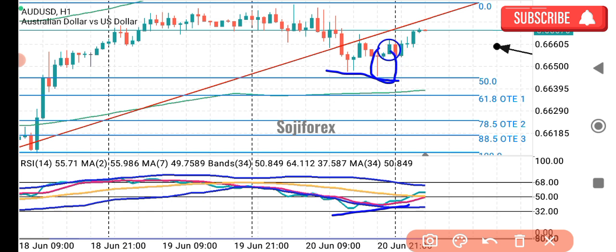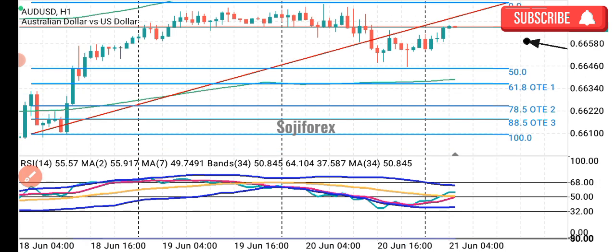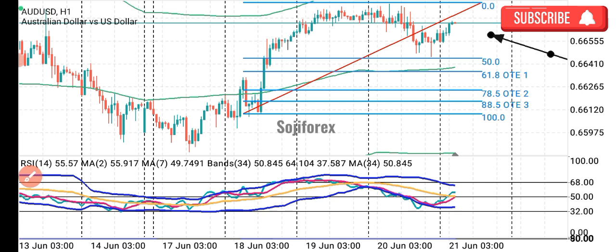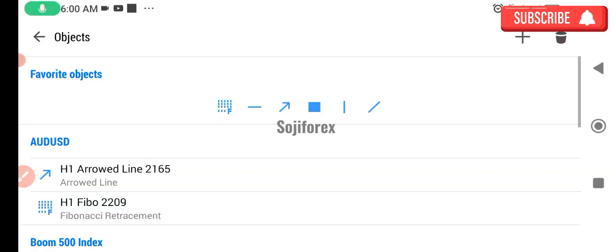The candlestick pattern is a confirmation, and I will go in for that entry. So that is how simple it is for me to use that pattern to find my entry.